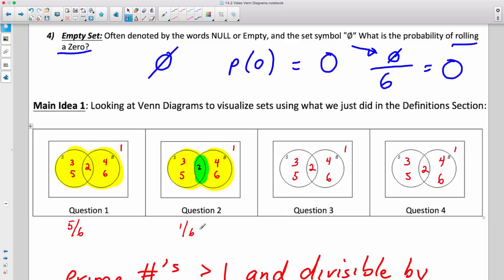Question number 3, the complement. Who is not in both? So let's take a look at that. So I'll take my highlighter, yellow. Here's everyone who's even. Here's everyone who's prime. Where am I not? That guy. So let me just erase that because I think it's a little misleading. I will do this.